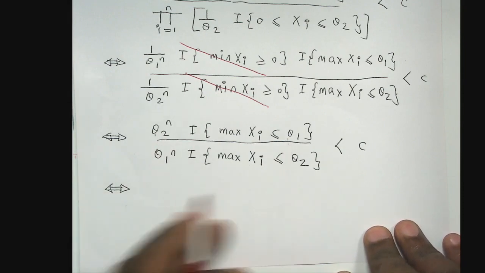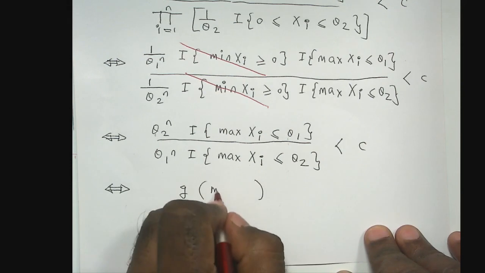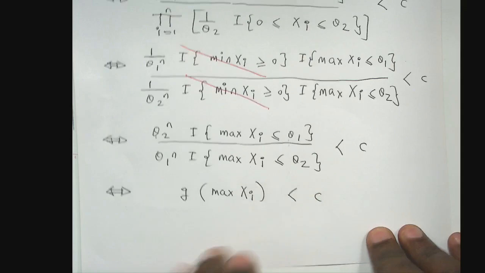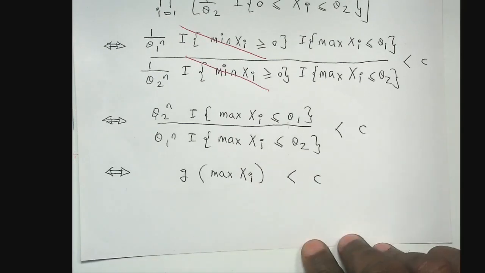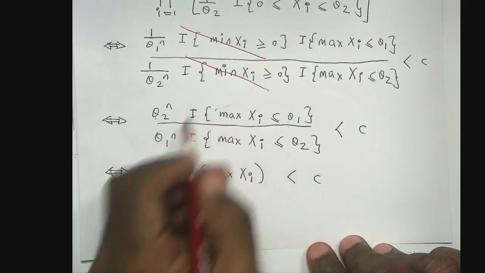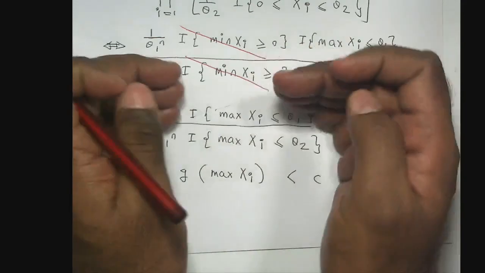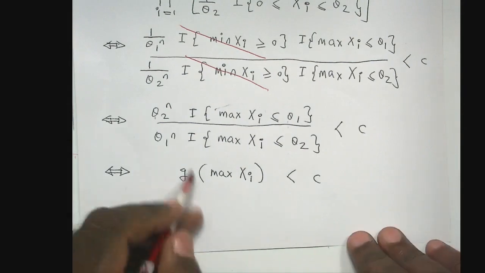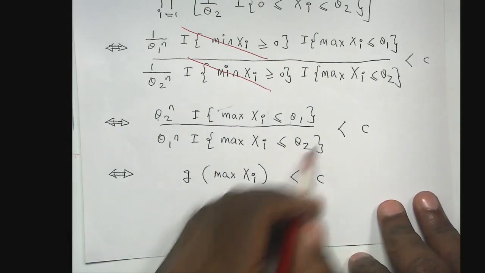So what you have here is a function of the max of Xi, because the only thing that is not fixed here is the max of Xi. Therefore this is a function of the max of Xi, which I call g. So g of the max of Xi is equal to this, right?